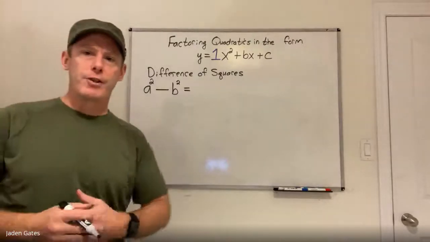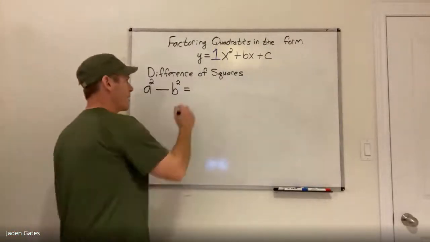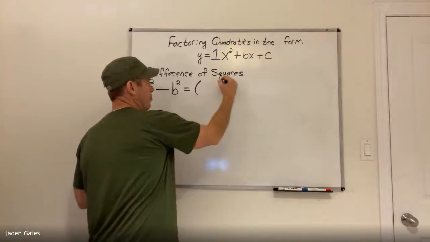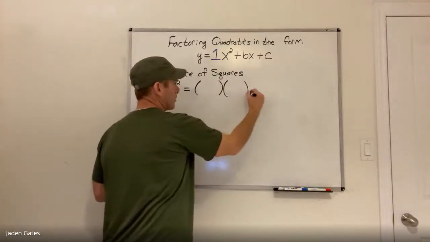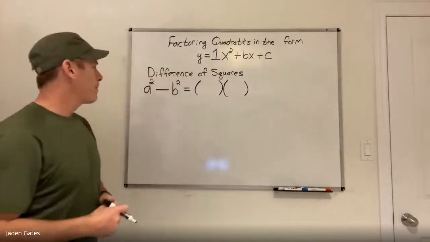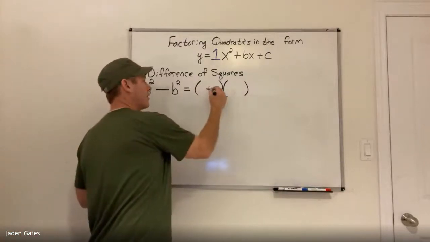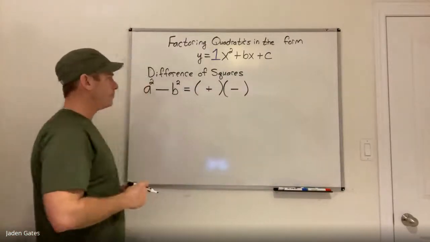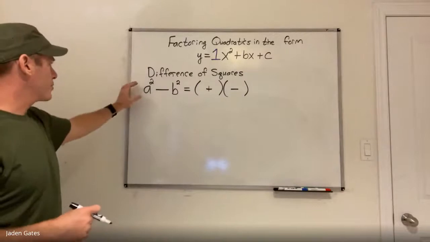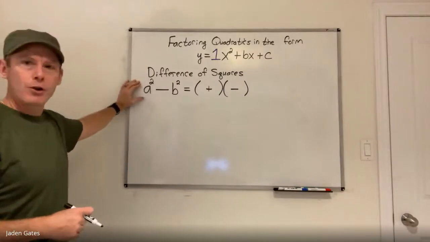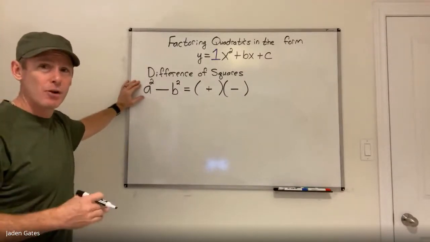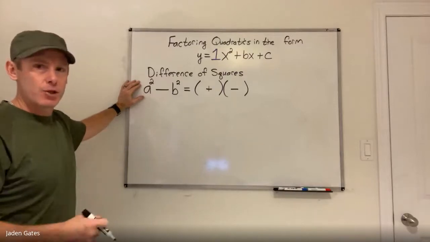And how we do a difference of squares, here's the formula. Again, we'll do some examples that'll make it hopefully much more clear. But again, you're going to have two brackets when we're factoring. One's a plus sign and one's a minus sign. Now, what you do with a difference of squares is you square root the first term. And it should be a nice number or a nice term, because that's what difference of squares is all about.